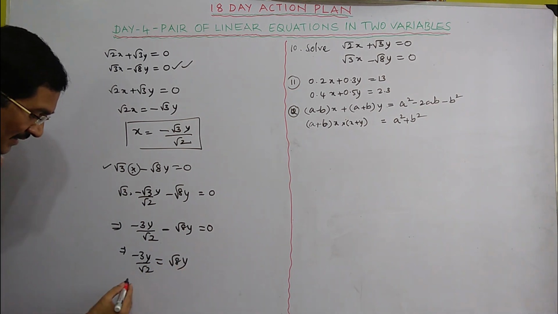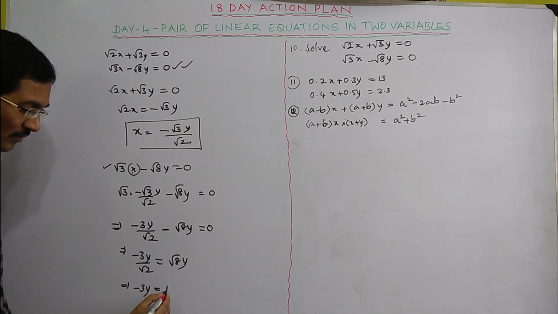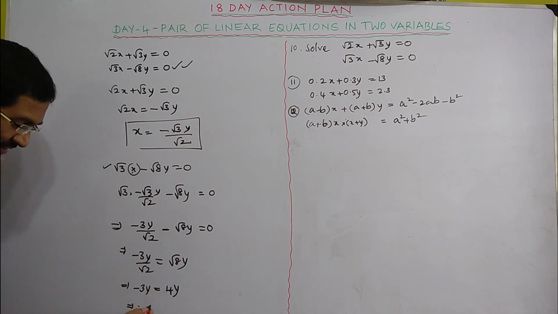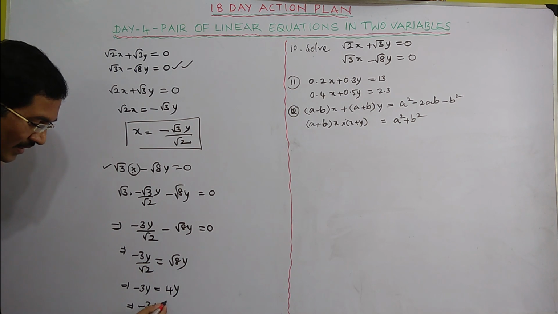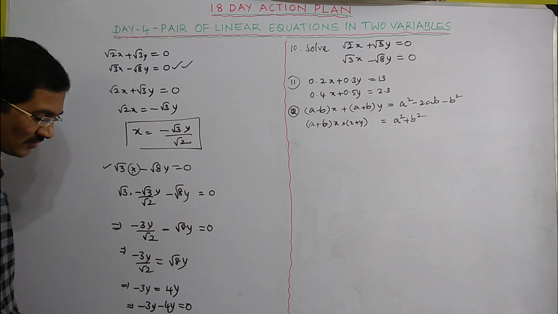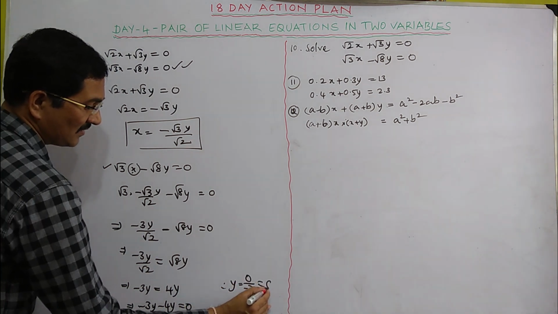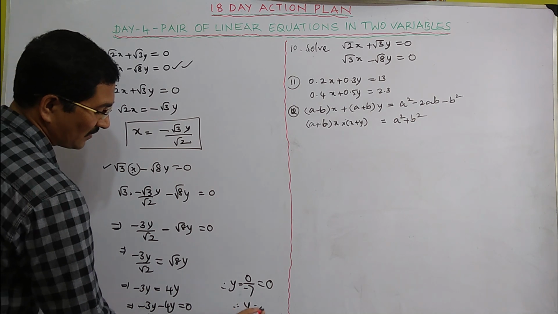If you cross multiply, what happens? Minus 3y is equal to root 2 into root 8, which is root 16, which means 4. So 4y. So minus 3y minus 4y is equal to 0. That means minus 7y is equal to 0. Therefore y is equal to 0 by minus 7, in the sense 0. Therefore y is equal to 0.